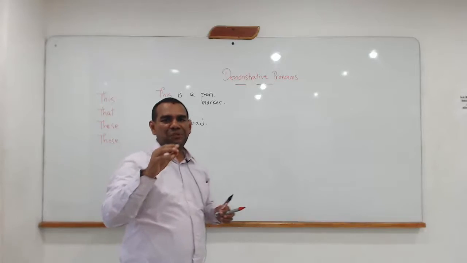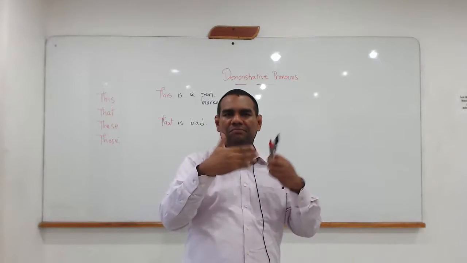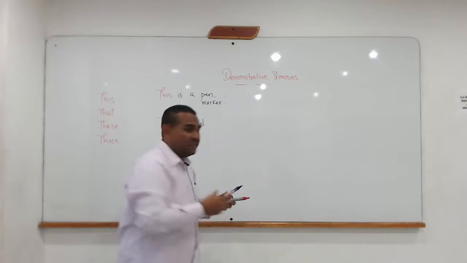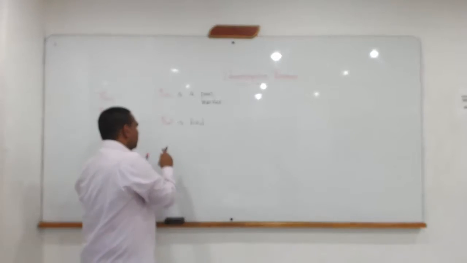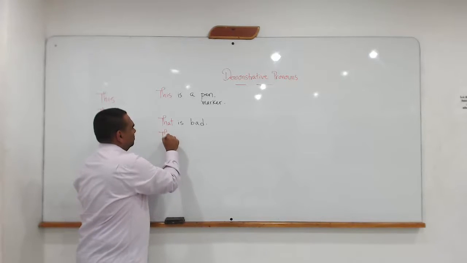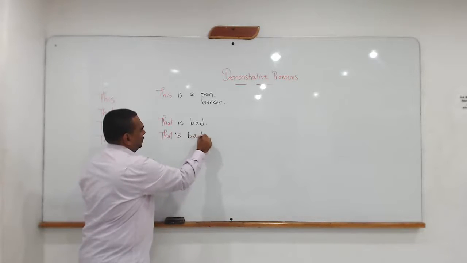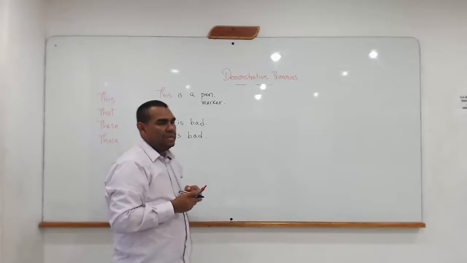Remember, pronouns and the verb to be more commonly have a contraction for the pronunciation to be facilitated and more comfortable. And we say, for example, that's bad. So, look at this. That's bad.